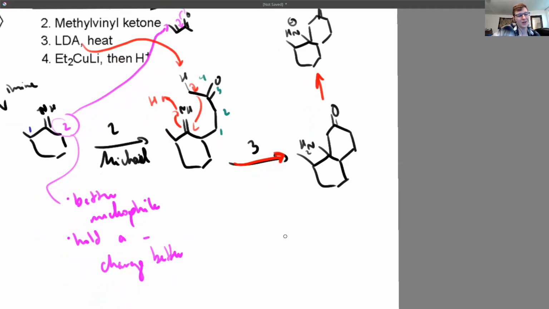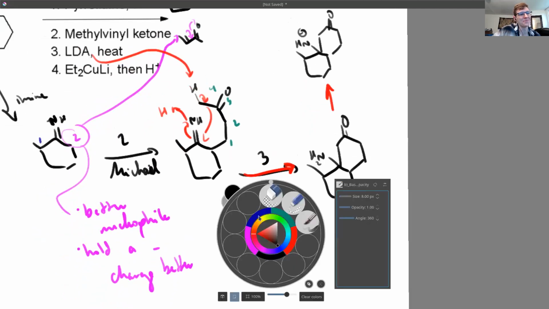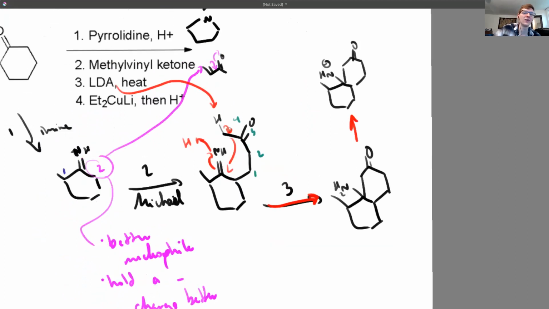The other option, which is quite complicated, and well, I wouldn't really expect people to figure out, is that these cuprates, sometimes called Gilman reagents, are, oh no, that wouldn't work either.